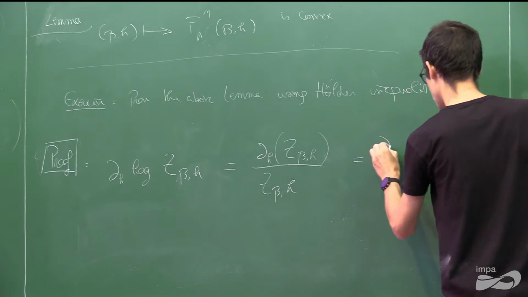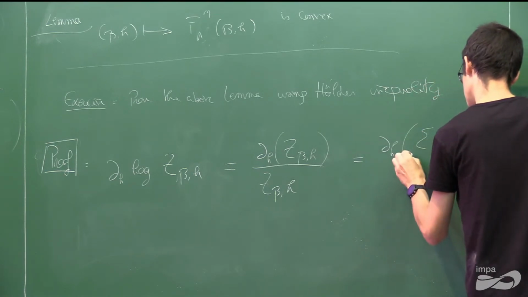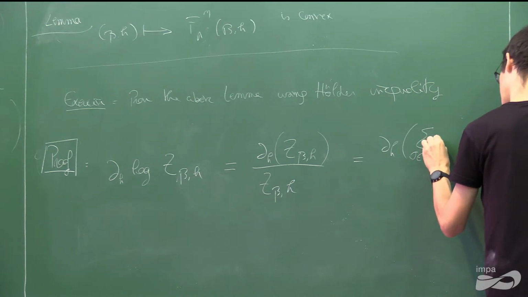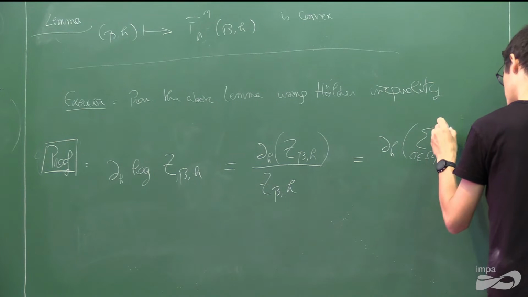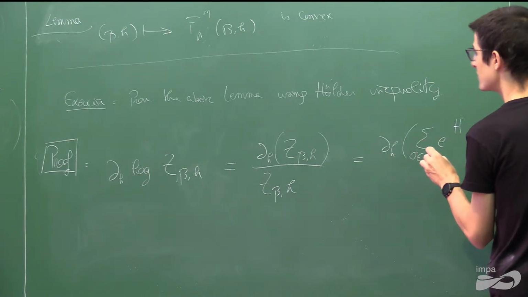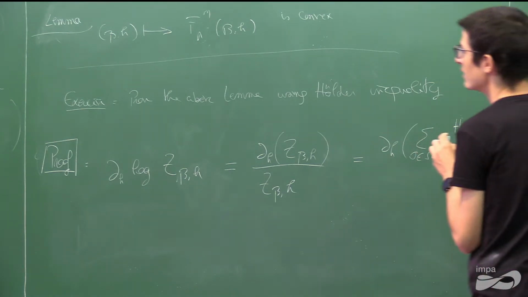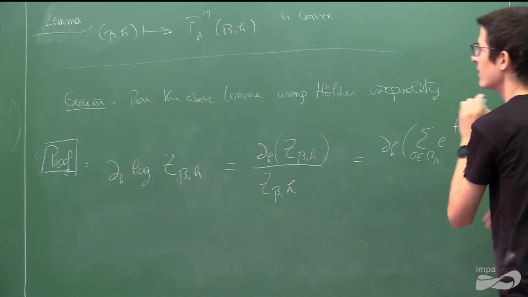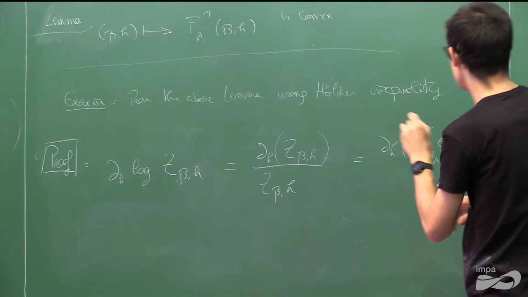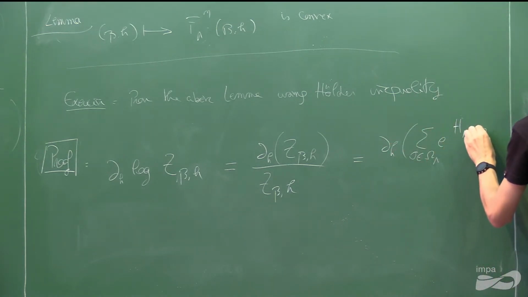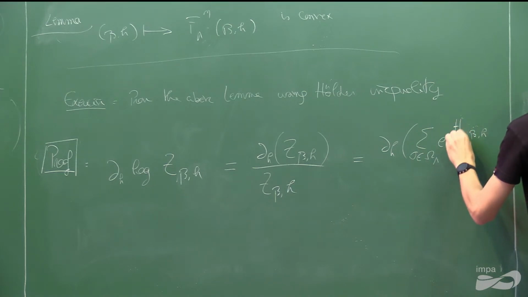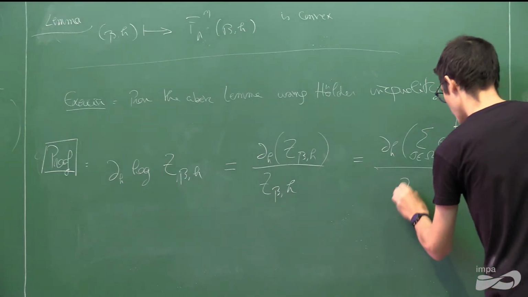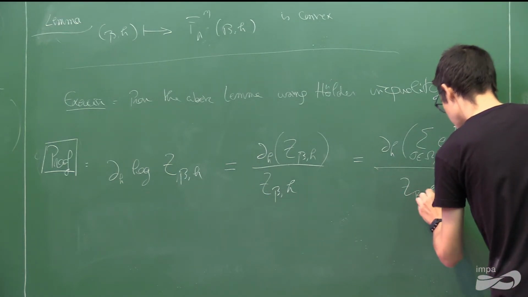So this is the sum over sigma in omega lambda of exponential of beta h m lambda, h eta of sigma, over z beta h.